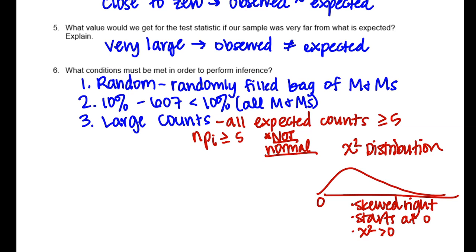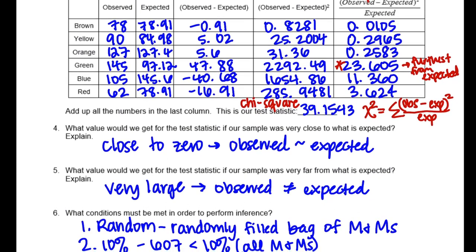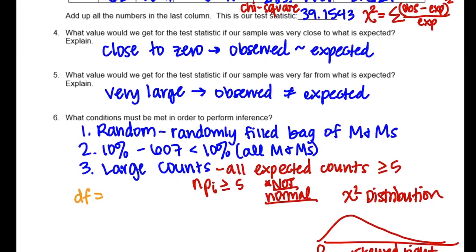And then we have the DF, the degrees of freedom, and it's the number of categories minus 1. So in this particular problem, we had 6 different colors, so 6 categories minus 1 is 5.